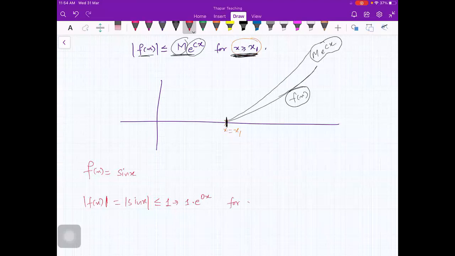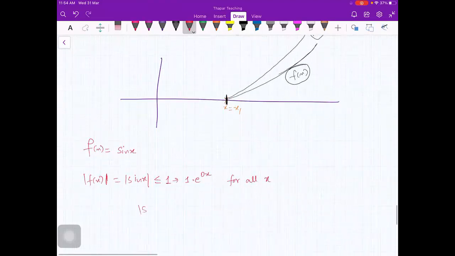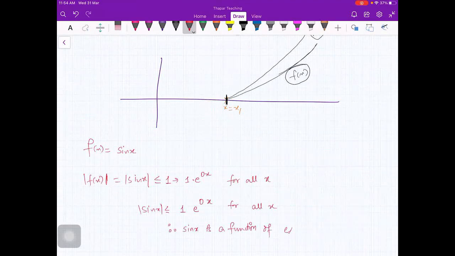This is for all x. So we get that sine x is less than or equal to m e raised to power cx for all x. Therefore, sin x is a function of exponential order 0.